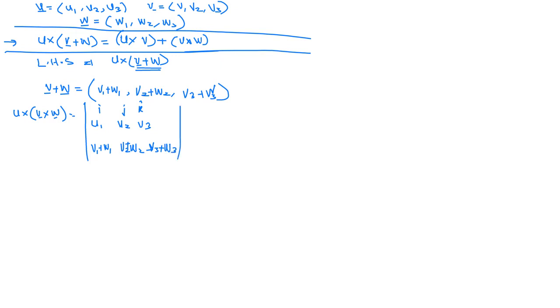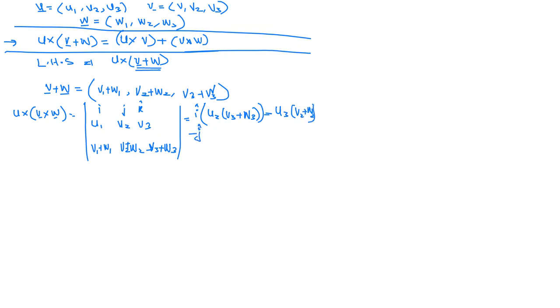Okay, so simplify it. You will get i times u2 (v3 plus w3), minus u3 into (v2 plus w2).